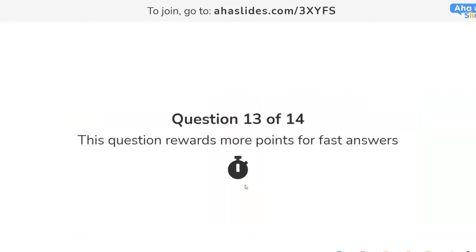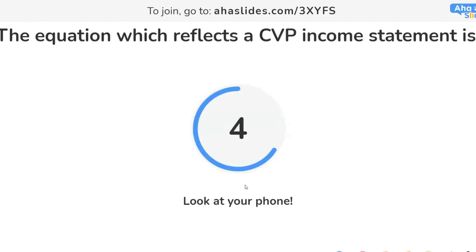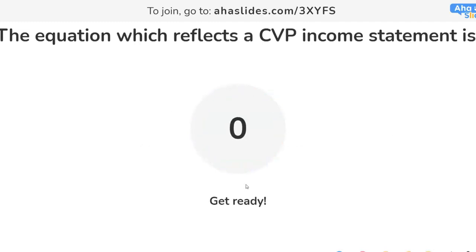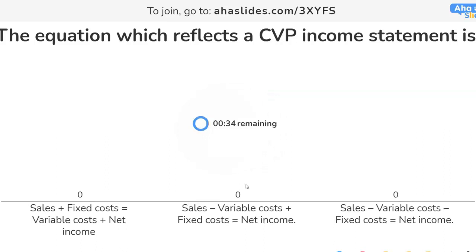Let's go. The equation which reflects the CVP income statement is: sales plus fixed cost equal variable cost plus net income. Sales minus variable plus fixed equal net income. Sales minus variable cost minus fixed equals net income.